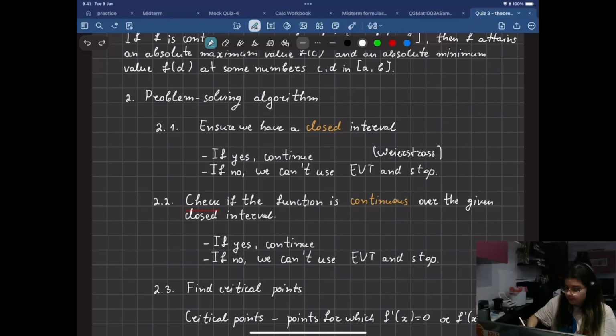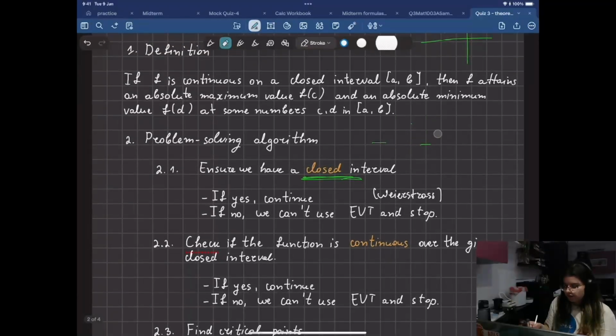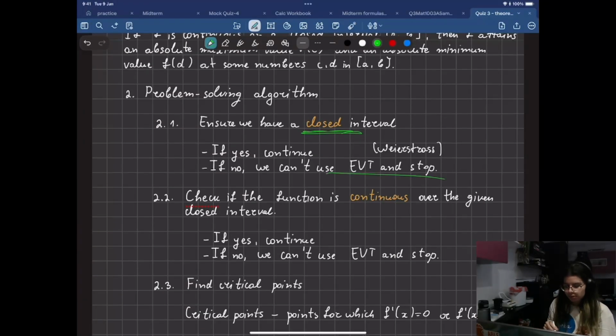The first thing you should do when you see your interval is make sure it's closed. What does it mean for it to be closed? It means that it has to have the square brackets on both sides of whatever numbers you're given. The numbers don't matter, but it has to be closed on both sides. And if it isn't, then you stop because you cannot apply the extreme value theorem.